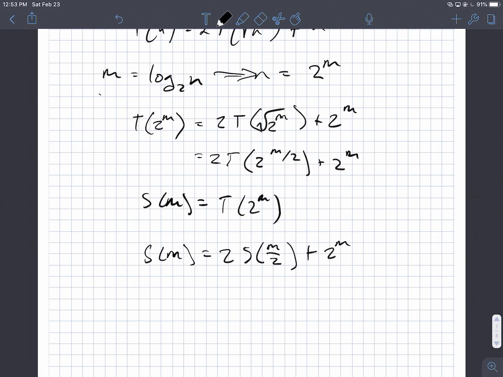Does that make sense? Does that feel good? From here, you can apply the master method and figure out what case you're in. In this case, I believe you're in case 3. I don't want to do that right now, but if you guys really want me to, I can.